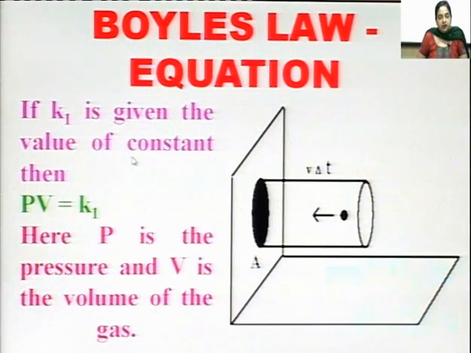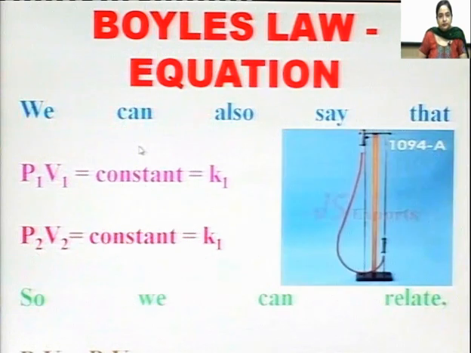If PV is equal to a constant, then PV is equal to K1. Here P is the pressure and V is the volume of the gas. We can also say that P1 V1 is equal to constant, equal to K1, and P2 V2 is equal to constant, equal to K1.